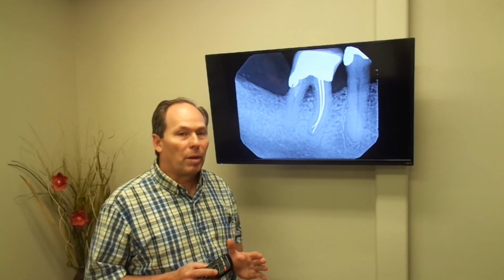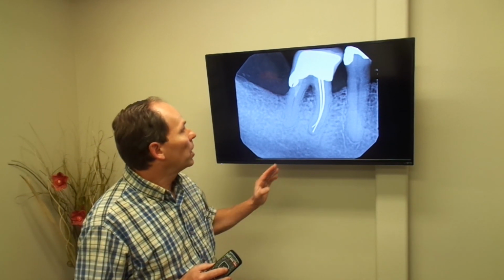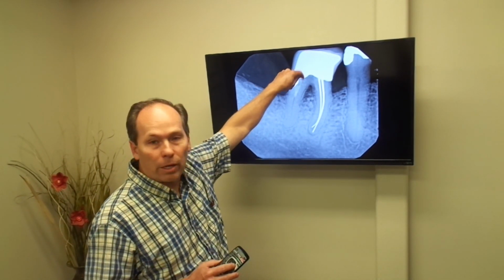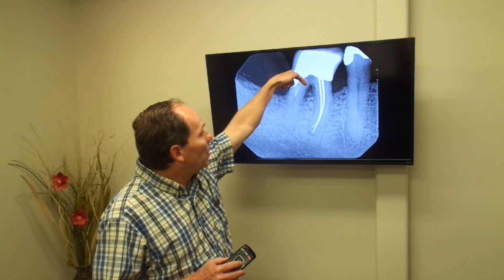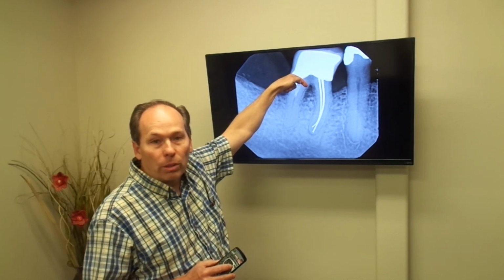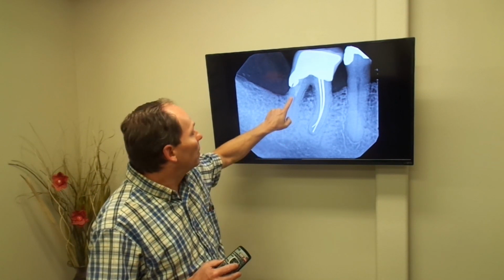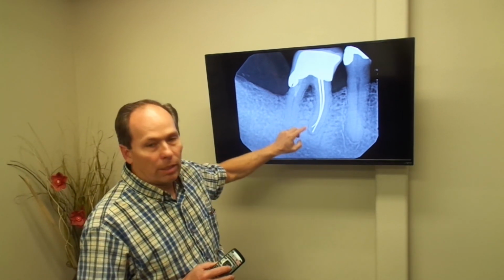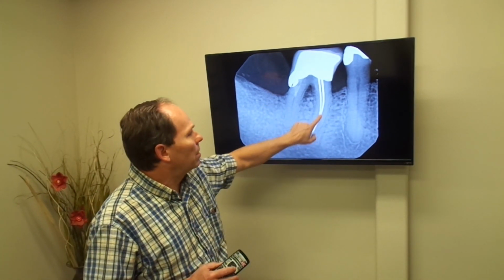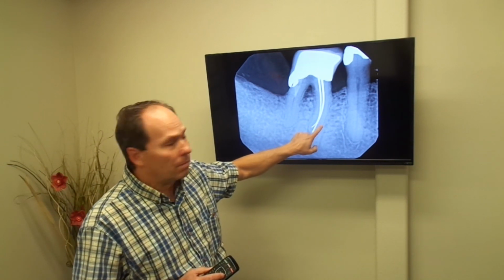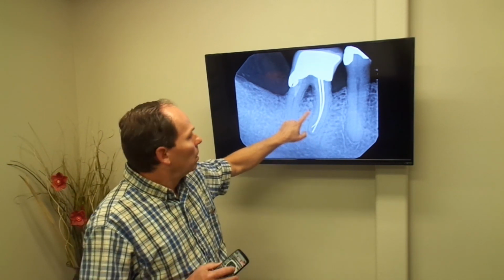So we're going to talk about perforations. A perforation is when you're trying to go in here and find a canal, but you might come outside of the tooth. So there's a canal here, but it's not treated. And this was done years and years ago because this filling material is probably older than me.